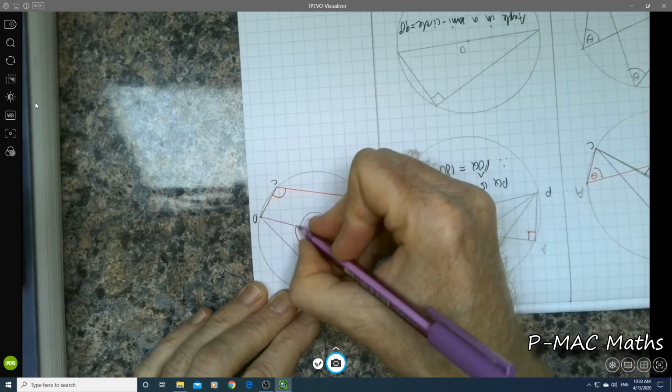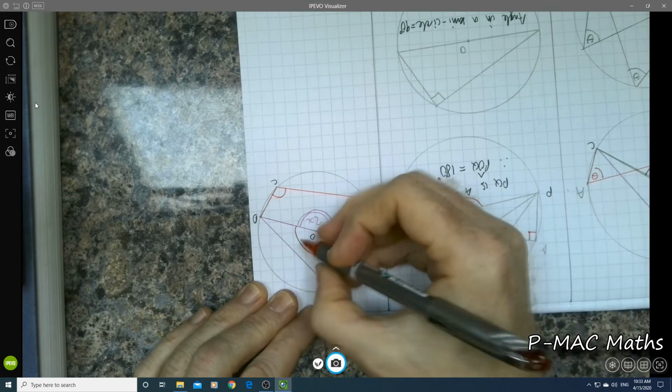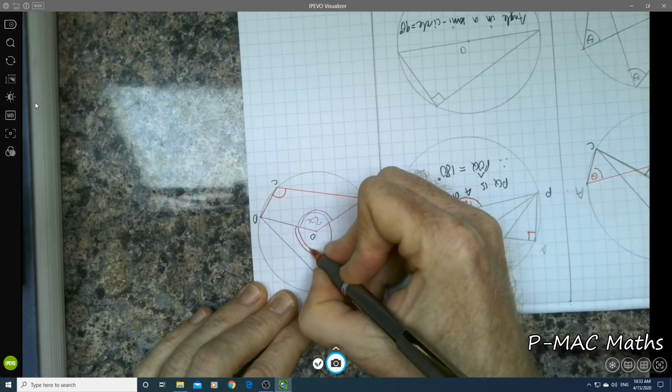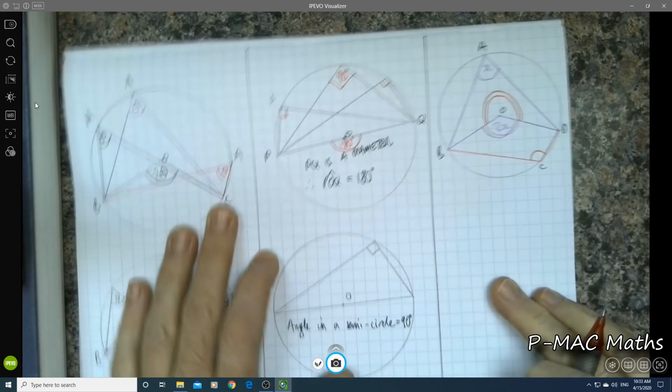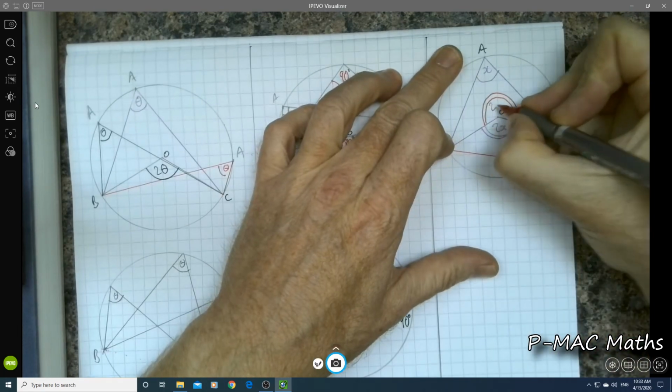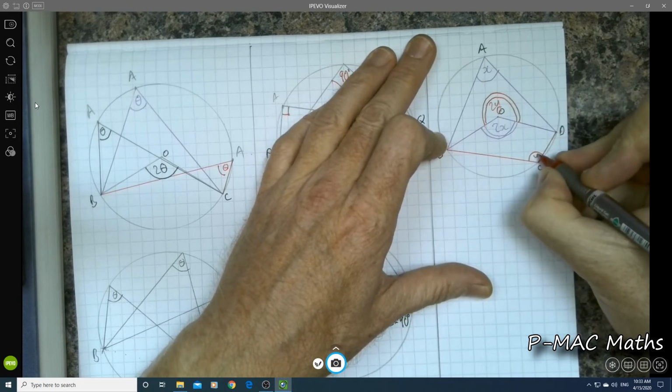In fact, if I use some clever sort of arc coding system here, it's almost implied. Let's label it the right way up. So I can call this angle in here 2y, and that would make this angle here y.